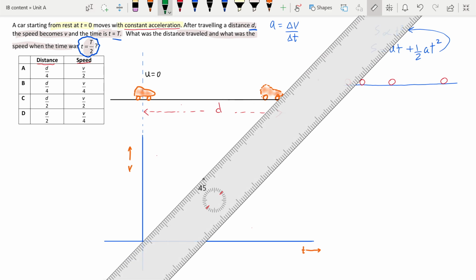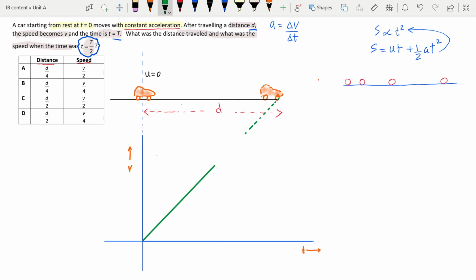And you can also see that this graph is going straight to this point where it has covered the displacement d. At the time t, for example, if the velocity is v, then the displacement is d.